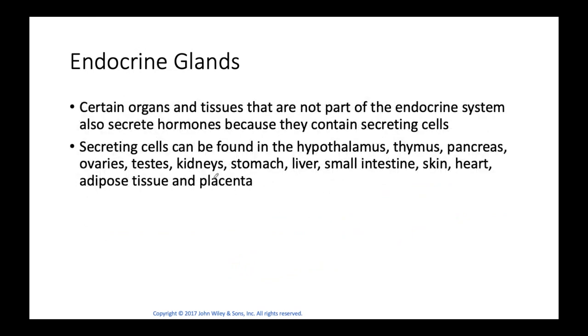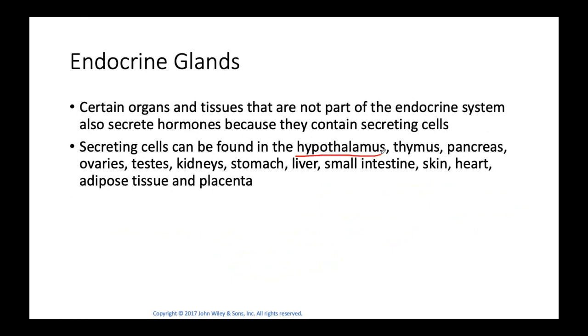Some other endocrine secreting cells: we have certain organs that are part of the endocrine system, and then we have certain organs and tissues that are not part of the endocrine system, right? But they do have secreting cells. An example of that would be the hypothalamus, in the brain.